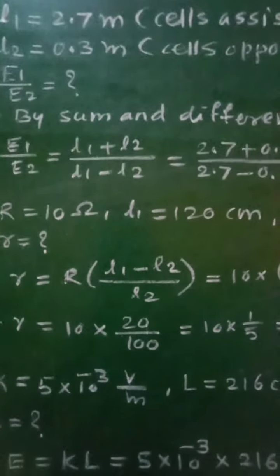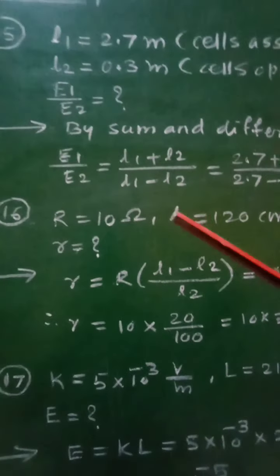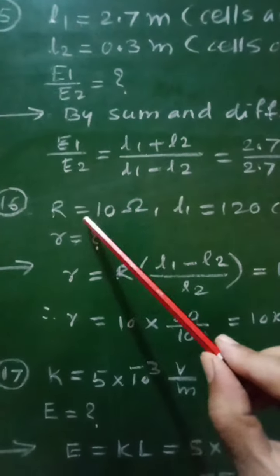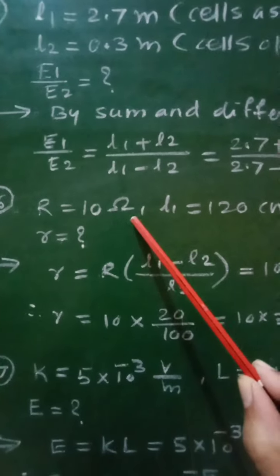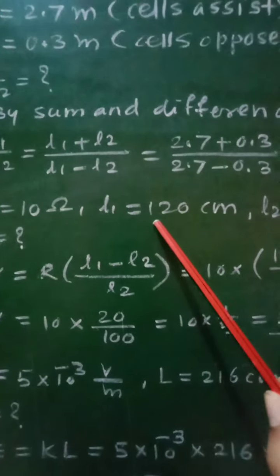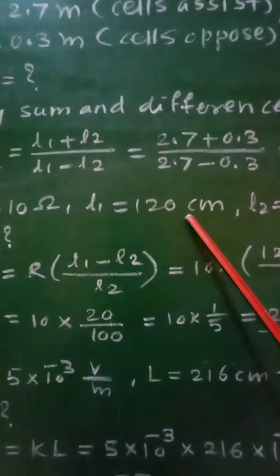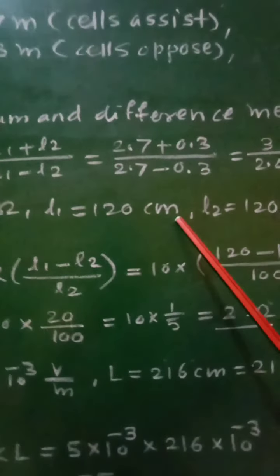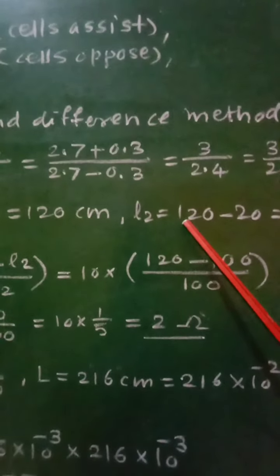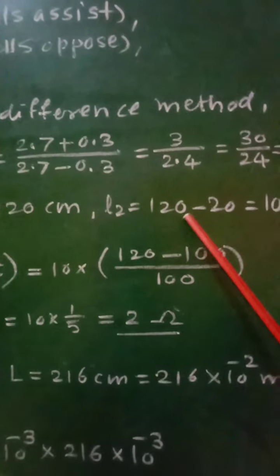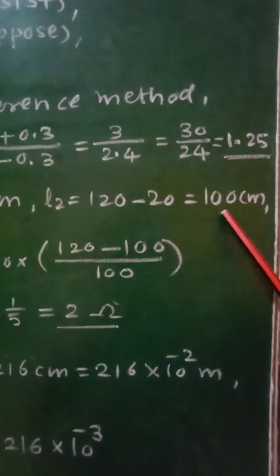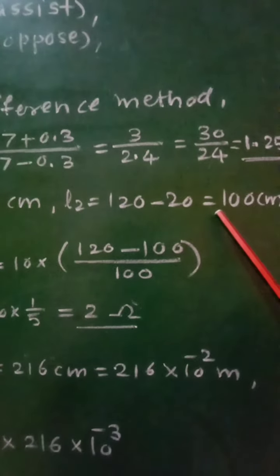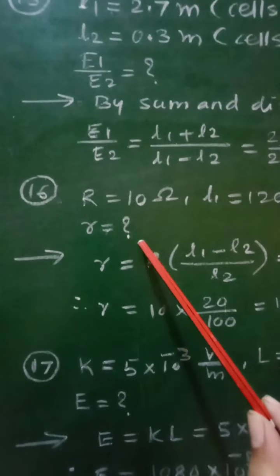And therefore, for this numerical number 16, given data is R equal to 10 ohm. Then L1, the first balancing length, is 120 cm. The second length L2 is reduced by 20, and therefore 120 minus 20 equal to 100 cm, that will be L2. Then we have to find out the internal resistance r.